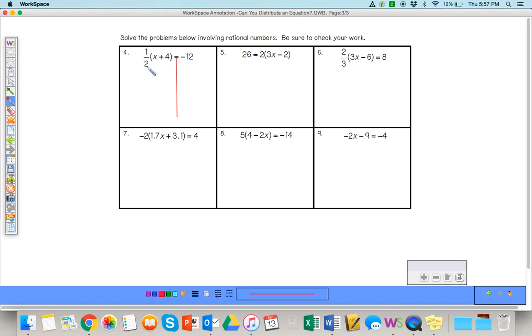All right, so we get 1/2 times x is 1/2 x. 1/2 times 4 gives us 2, and it equals 12. So now we need to subtract 12, or I'm sorry, not 12, subtract 2 on both sides.